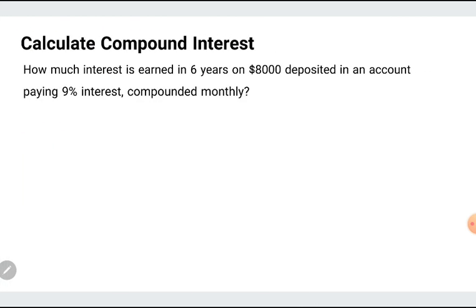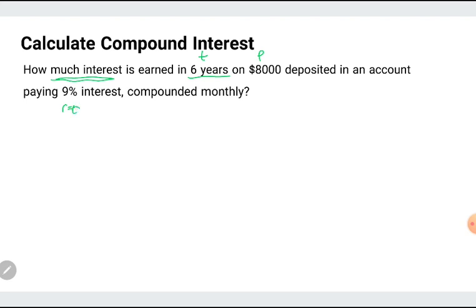Okay, so right now I'm asked to compute for the compound interest. How much interest is earned in 6 years? This is my T. On $8,000, this is my P, deposited in an account paying 9%, or 0.09.